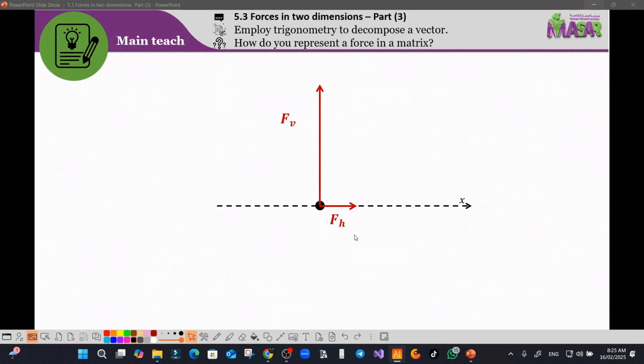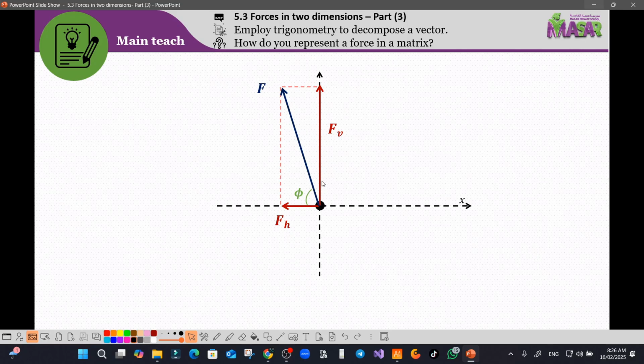Now, how can we determine the sign for each component? The sign of each component depends on the quadrant in which the force lies. For example, here F is in the first quadrant, so both F of h and F of v are positive, rightward and upward. What if the force is in the second quadrant?